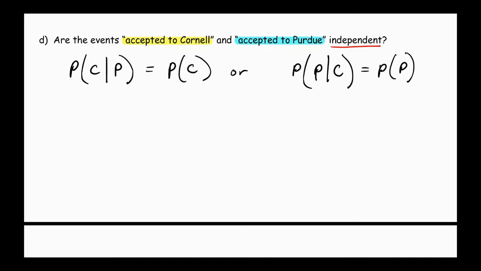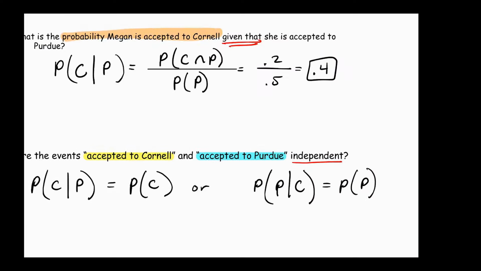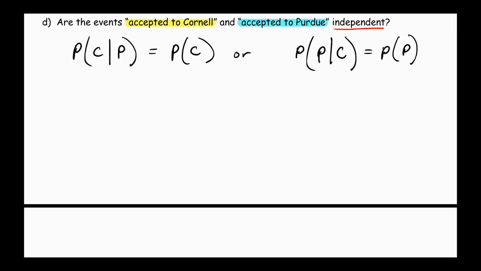Well, didn't we just find this? Cornell given Purdue, we just found that number. It's right there, 0.4. So let's use this one. Now, overall, what's the probability of Cornell? 0.4.